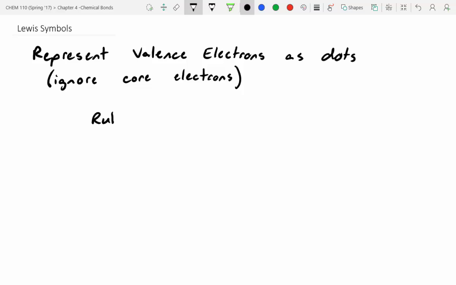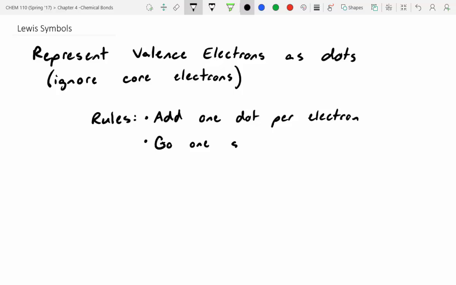And the rules are super simple. Add 1 dot per electron. Second rule is go one side at a time. Then pair, and I'll show you guys what I mean by that.